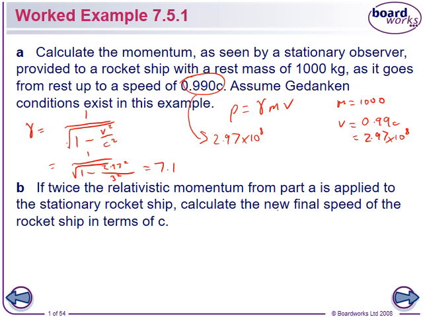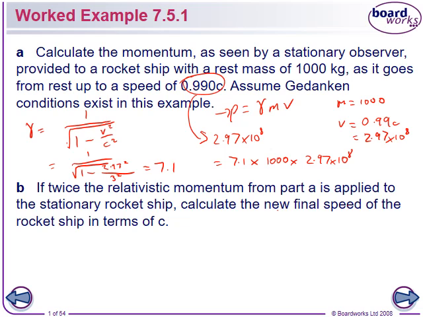So our momentum, using this formula right here, we can work out because now we have our Lorentz factor. So our momentum is going to be equal to 7.1 multiplied by the mass, which is 1,000, multiplied by our velocity, which is 2.97 times 10 to the power of 8. Let's work that out.